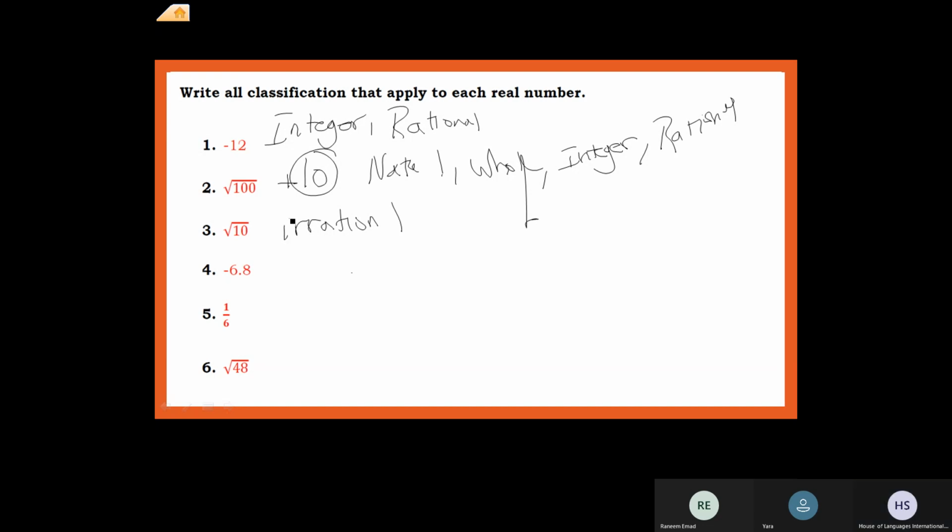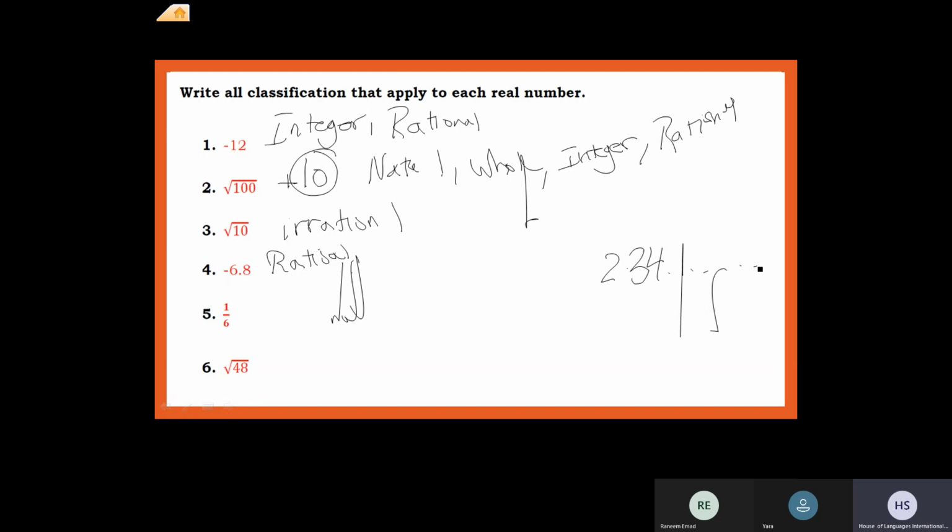Because it stopped, it is rational. Positive, negative, zero. And if it does not terminate and it keeps going like this, this is not terminate.